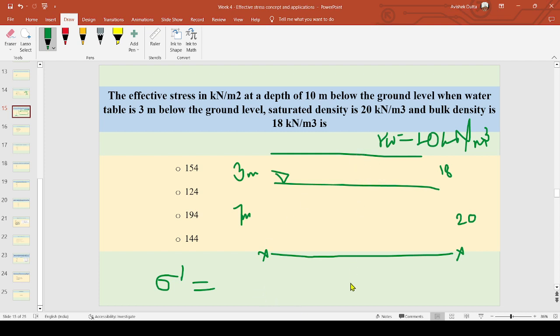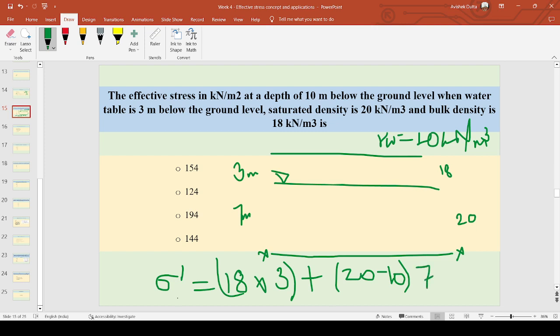Yes. So in this dry part, it is 18 into 3, gamma into H. And for the part below the water table, we'll take gamma submerged, that is 20 minus 10, into H, that is 7.